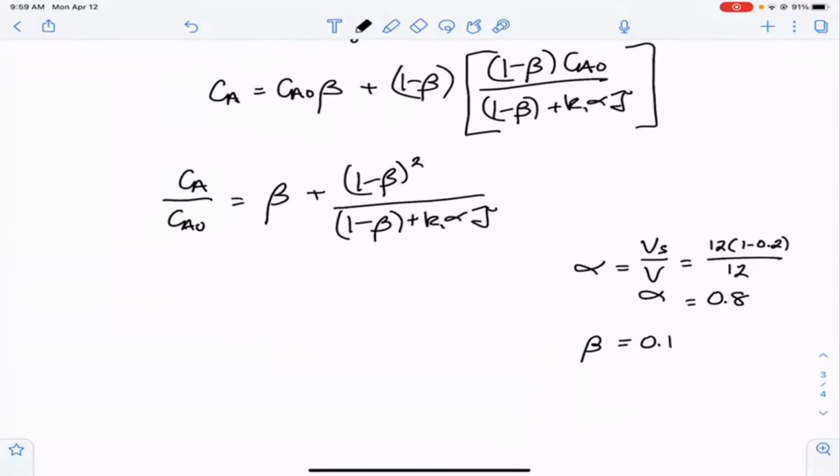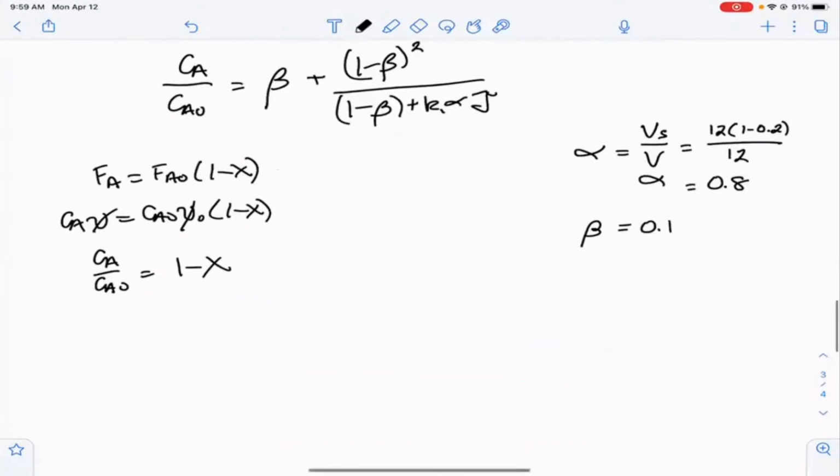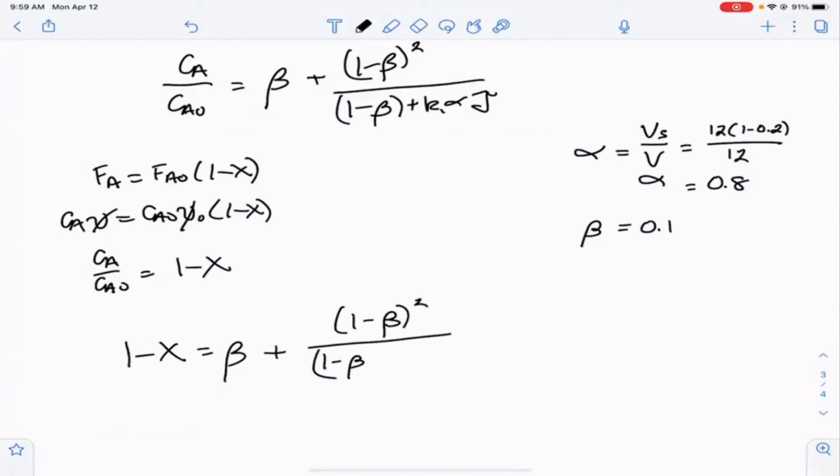Perhaps the last step in solving this problem is that we know that FA is FA0 times 1 minus X, just to get things in terms of conversion. Well, CA times V is CA0 V0 times 1 minus X. And we were already told here that the volumetric flow rates are the same. So CA over CA0 just equals 1 minus X. So 1 minus X equals beta plus 1 minus beta squared divided by 1 minus beta plus K1 alpha times tau.